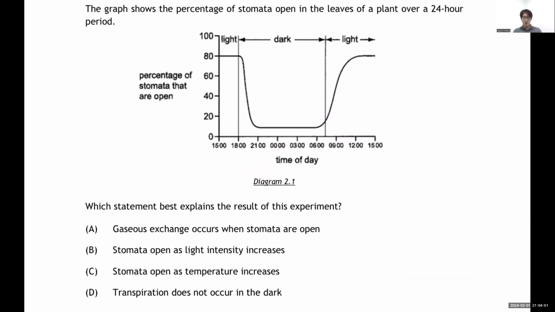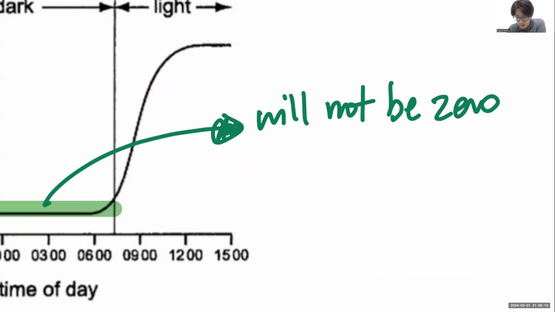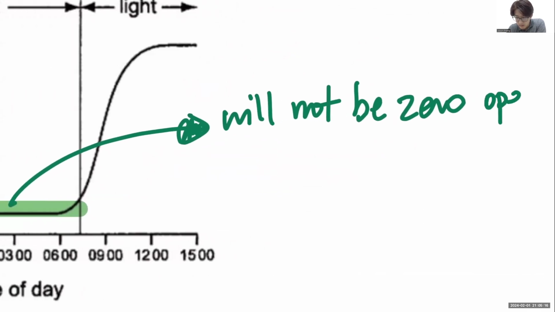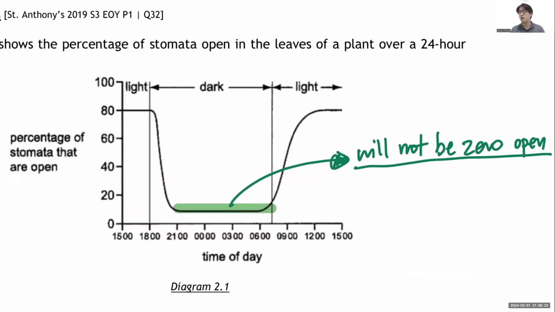Percentage of stomata open. We can see that when it is dark, very little stomata open. Why will there still be stomata open? Why will it not be 0 open?